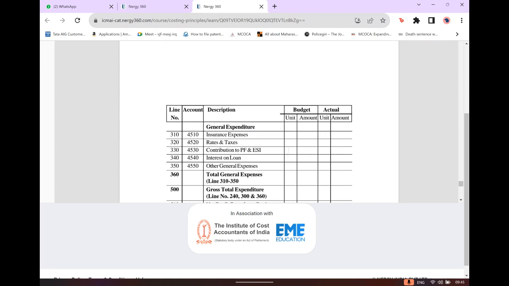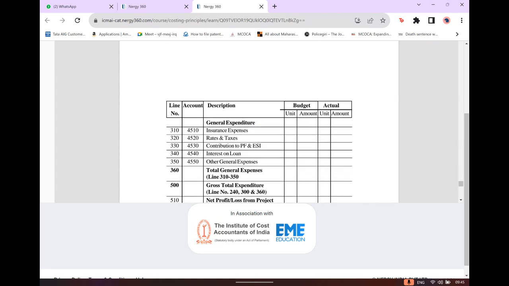Then you have the general expenses, wherein you have the insurance expense allocation, rates and taxes allocation, contribution to your PF, ESI; if they are directly for the labor of the particular project, then it will be here. Otherwise, allocation. Then interest on loan.